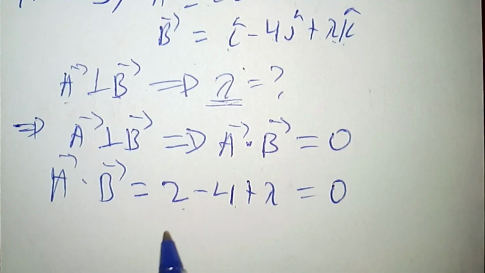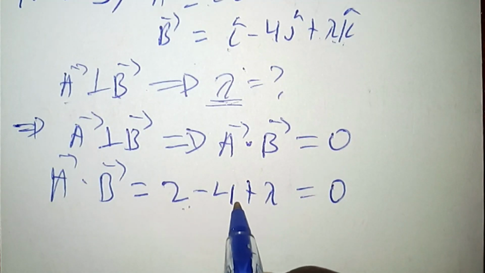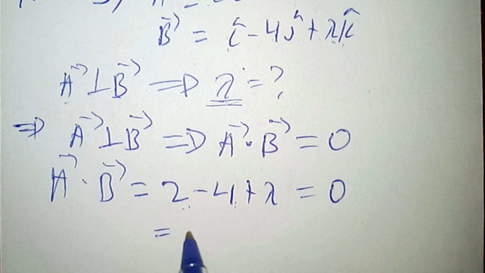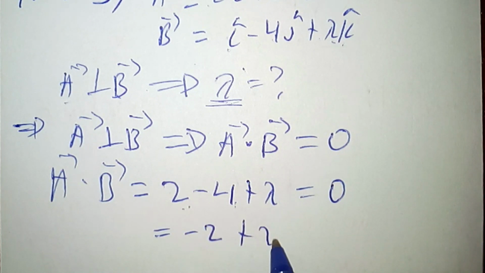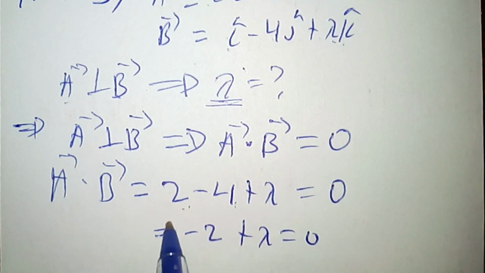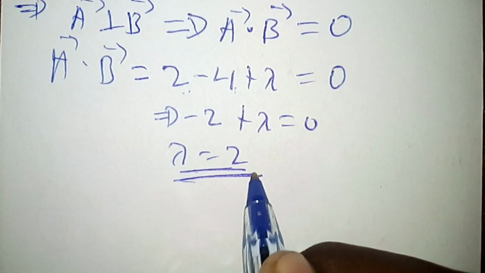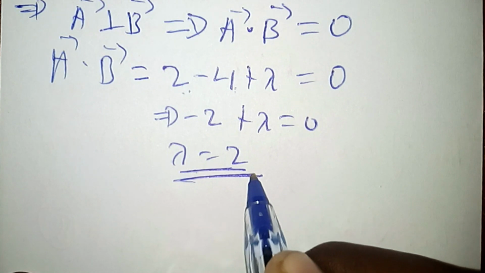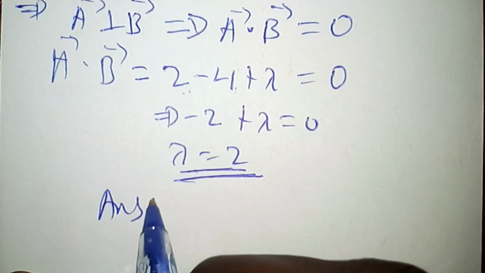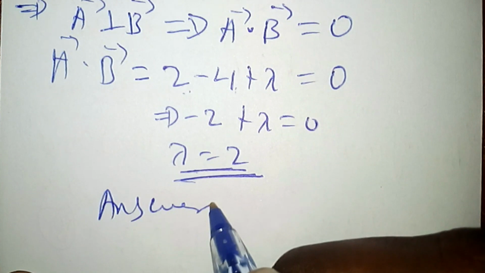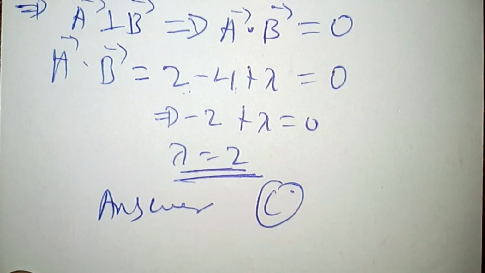So then these values become 2 minus 4 is minus 2, so minus 2 plus lambda is equal to 0. This means lambda is immediately equal to 2. So our lambda is equal to 2, and the answer is alternative C.